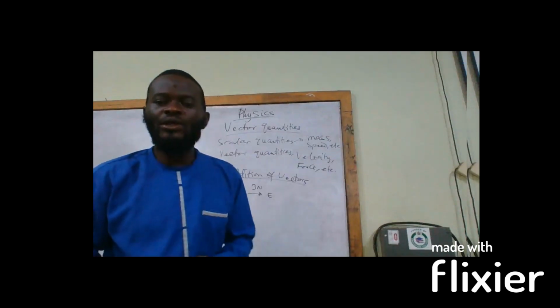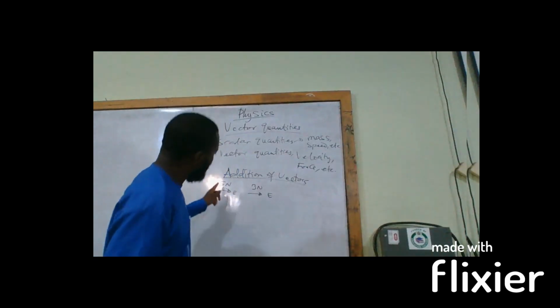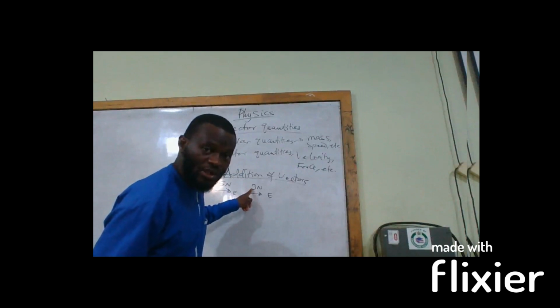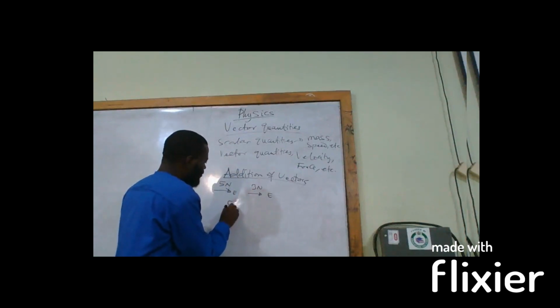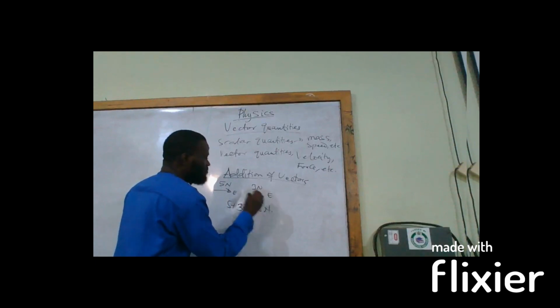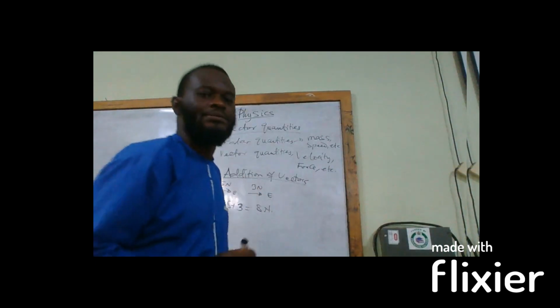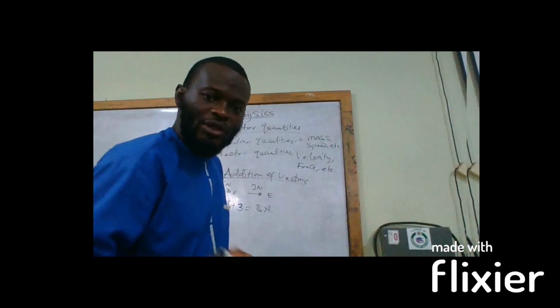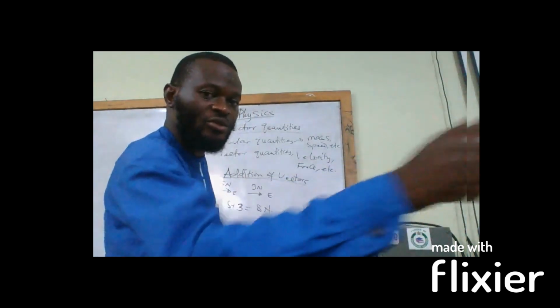If you want to add them together, you are going to add both the magnitudes together. 5 plus 3 equal to 8 Newton. Then you consider the direction. You can see that both of them are moving towards the same direction, which is east.